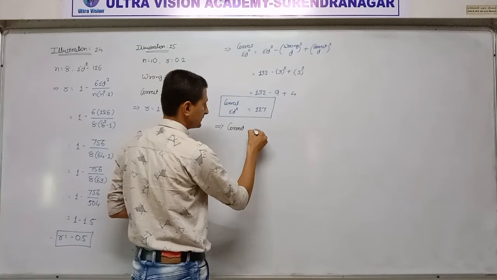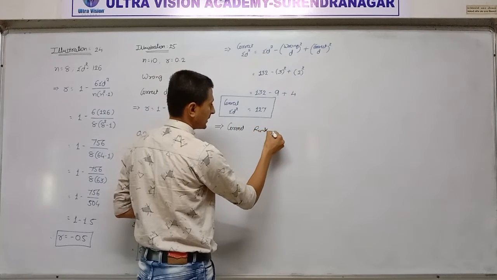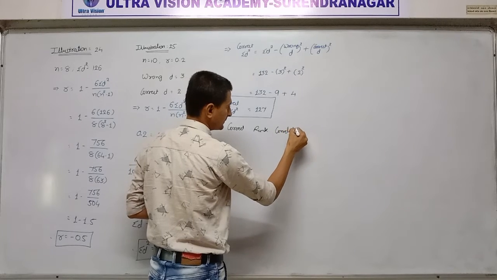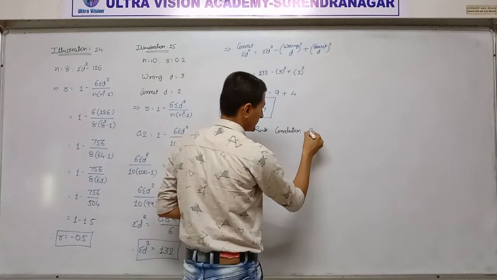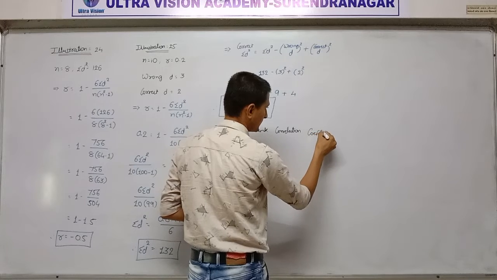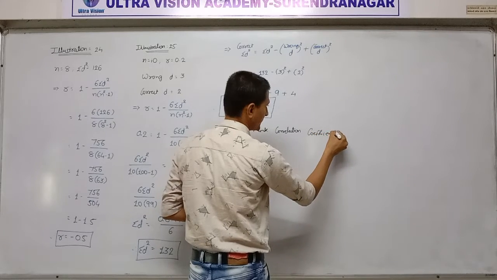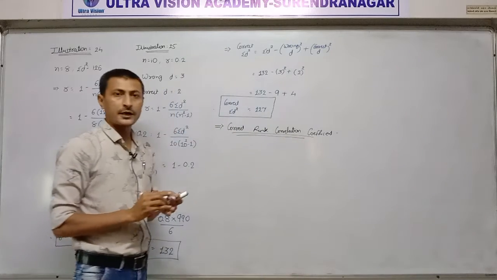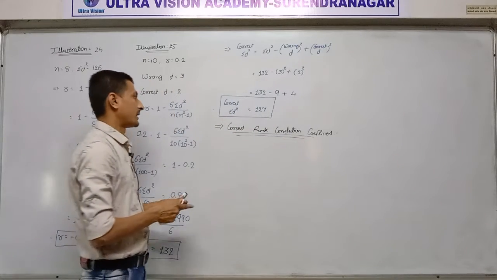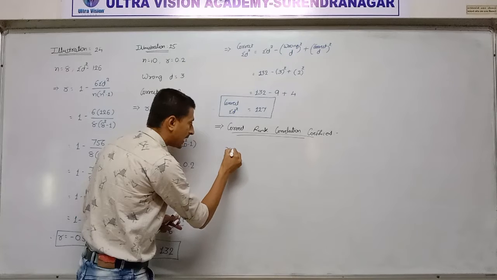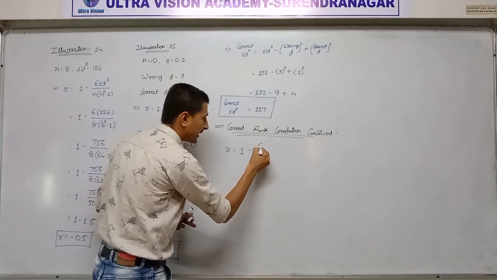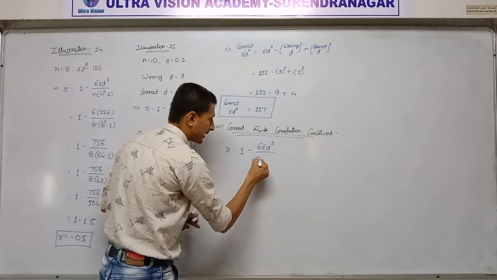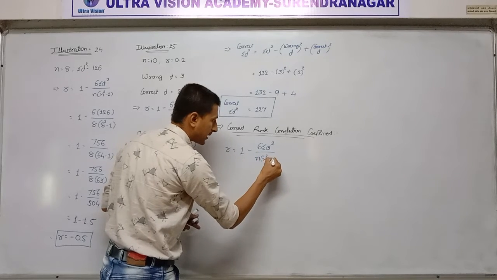Correct rank correlation coefficient. Okay, so all correct values, so write the formula. R is equal to 1 minus 6 sigma d square divided by n in bracket n square minus 1.